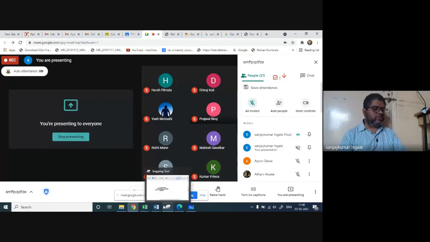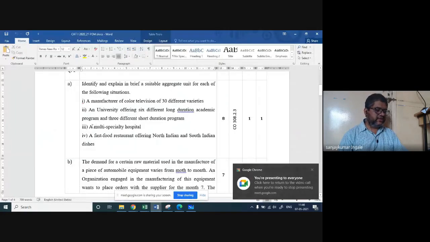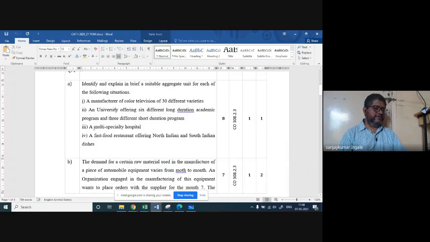So the meaning of this question was that, considering now the next example, a multi-speciality hospital. Multi-speciality hospital, again, the name itself indicates there will be patients coming for all different purposes.